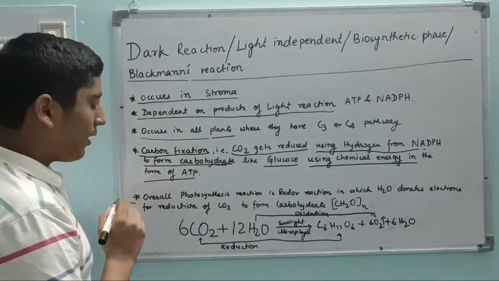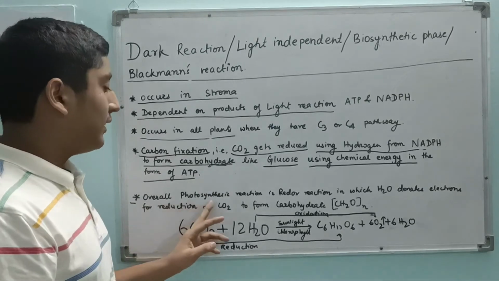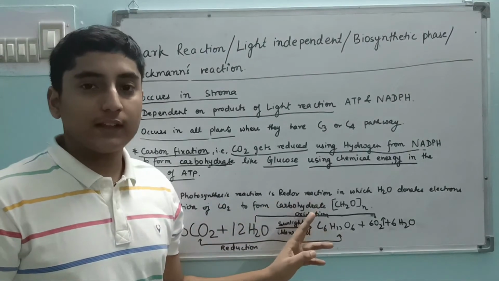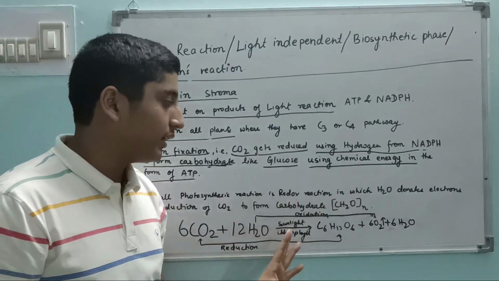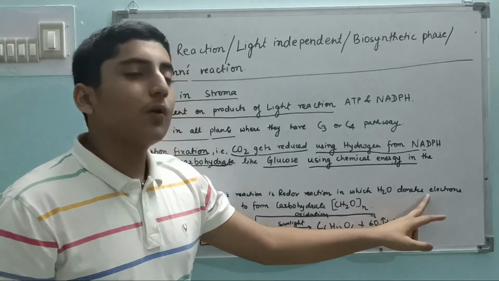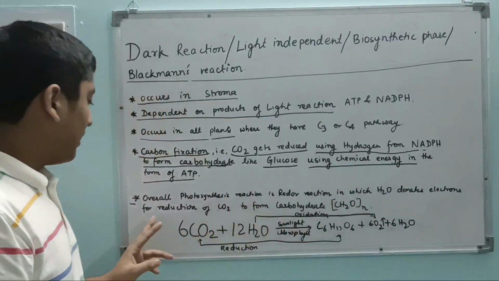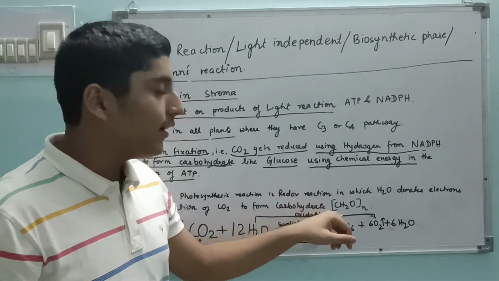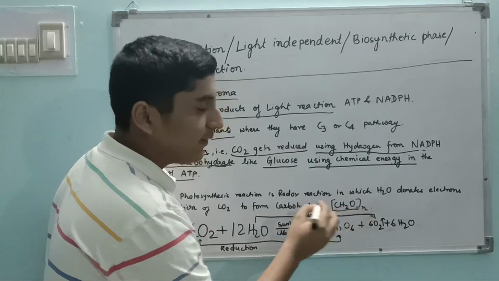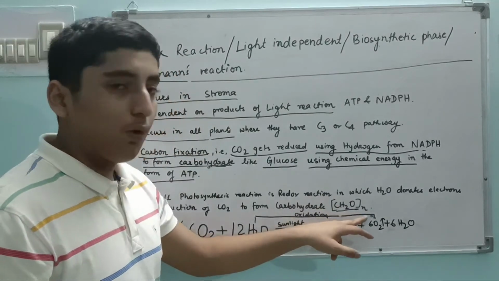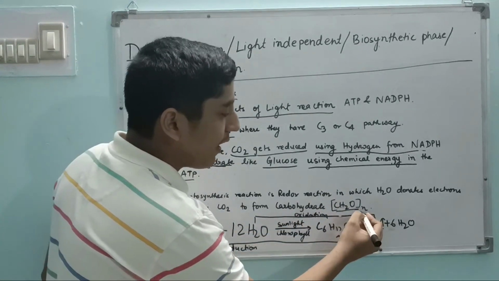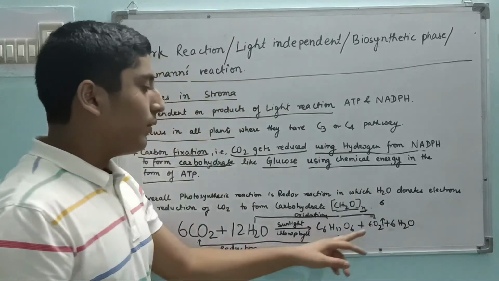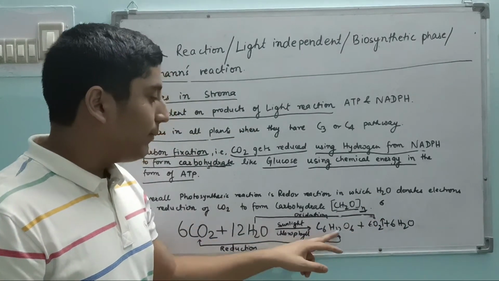And now the fifth point is, the overall photosynthesis reaction is a redox reaction, meaning oxidation reduction reaction, in which H2O donates electrons for reduction of carbon dioxide to form carbohydrate. This is the carbohydrate which is actually formed, CH2O n, and when you put the value of n as 6, glucose will be formed.